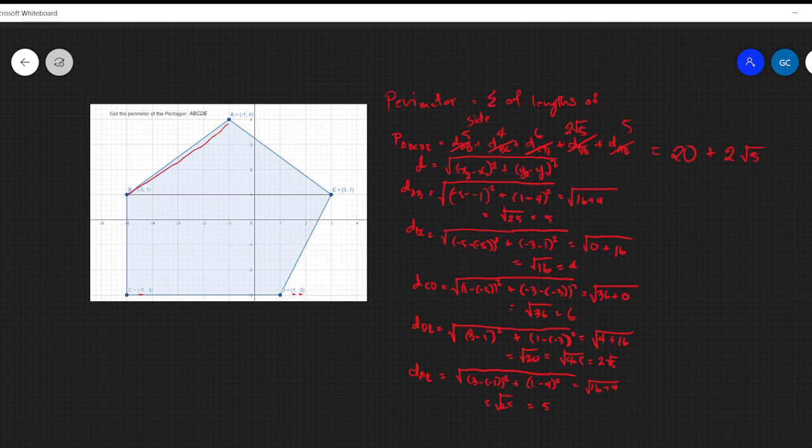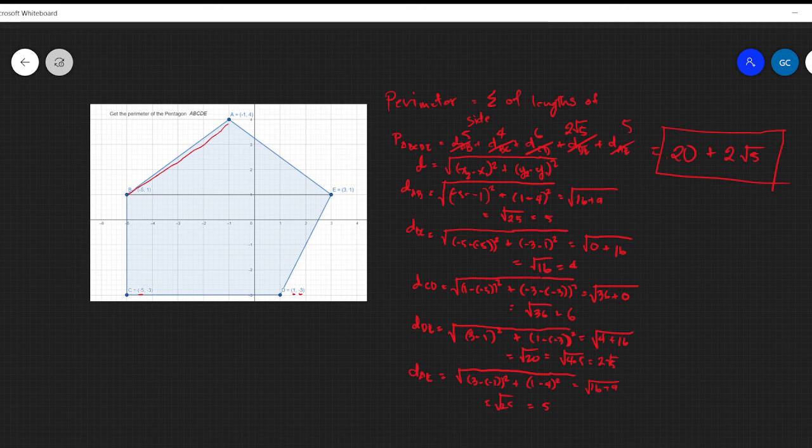As you may have noticed here, I did not use decimal points for our 2 square root of 5. It is the best practice in our class that we don't get the decimal form of our square roots.